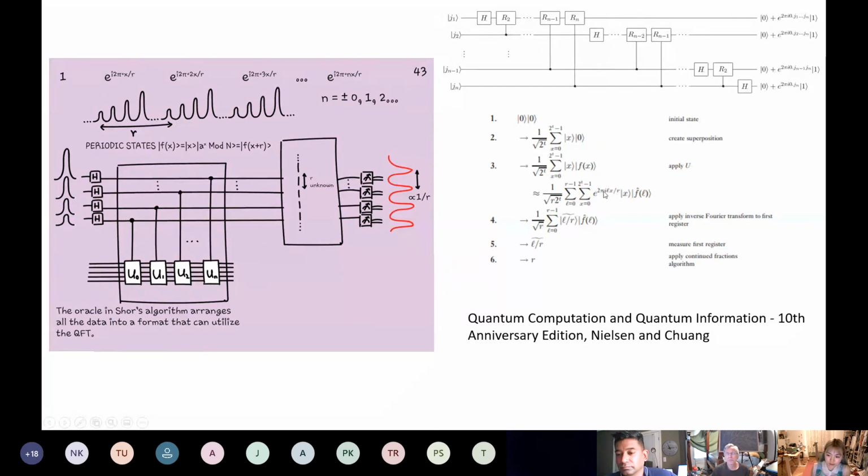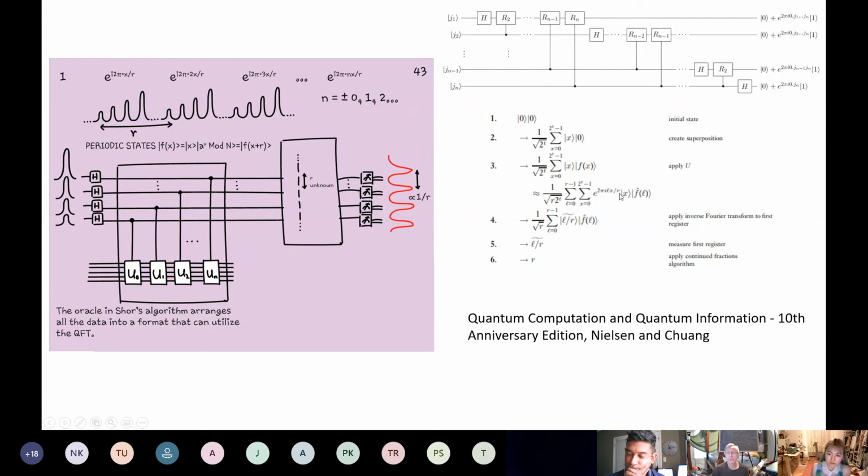So then you start to see this 2 pi L in their case is our n here, an integer. So pi x over r.